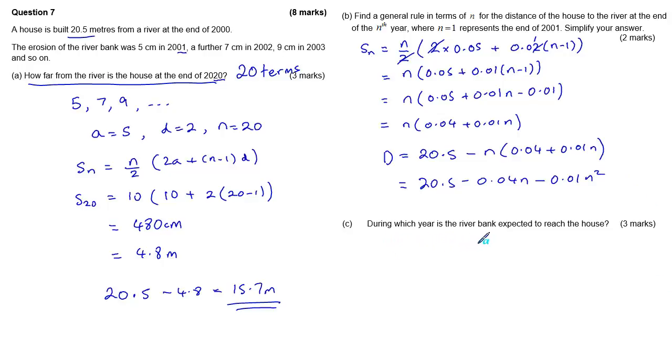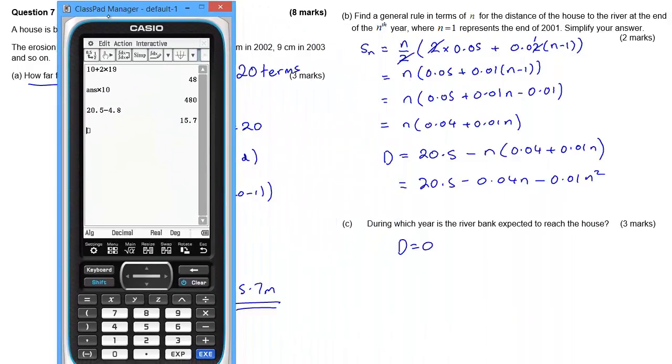During which year is the riverbank expected to reach the house? So that will be when d equals 0. So we can solve this. So we've got action, advanced, solve. 20.5 take away 0.04x take away 0.01x squared is equal to 0.